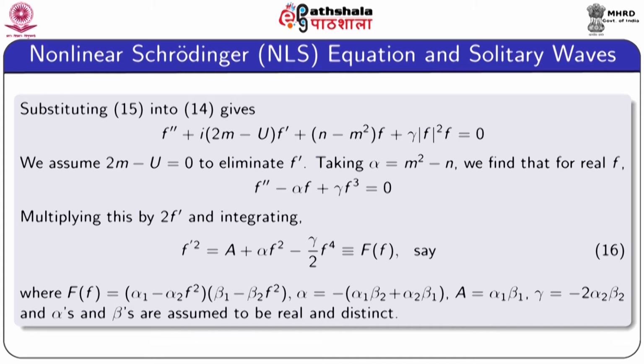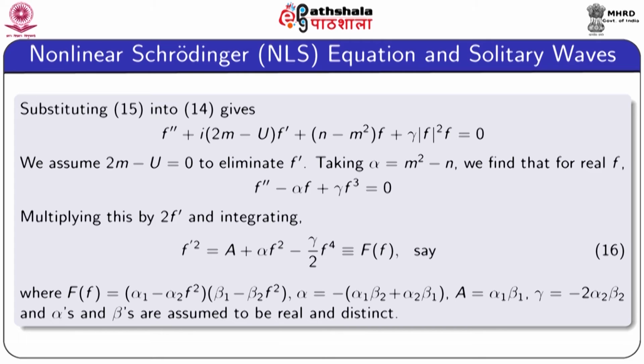Let the expression on the right hand side of equation 16 be a function of small f, and call that function capital F. So, capital F is a biquadratic expression in small f. So, it can be factorized into two factors in f squared.